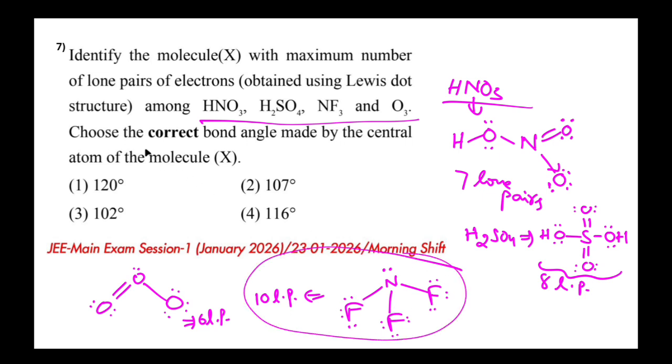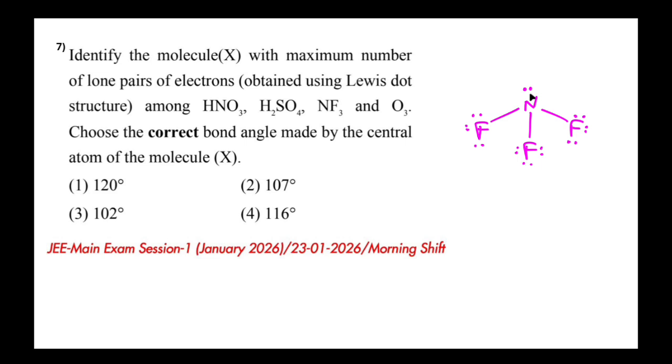Now they are asking, what is the bond angle made by the central atom of the molecule? In the NF3 molecule, the nitrogen atom undergoes sp3 hybridization. The nitrogen atom has 1 lone pair and 3 bond pairs.